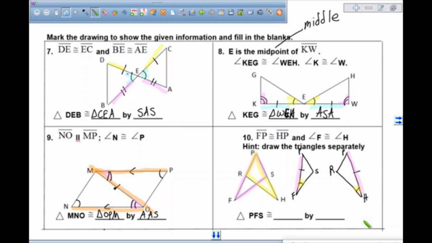Look at the labeling. They both share P. So that means that that angle is congruent to itself. So we have two angles and the included side, and that gives us angle, side, angle. And triangle PFS is congruent to triangle PHR.